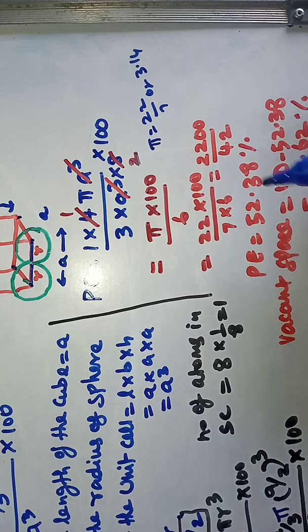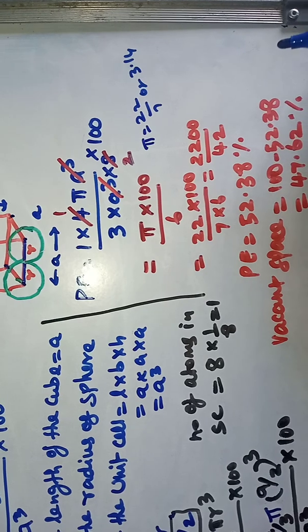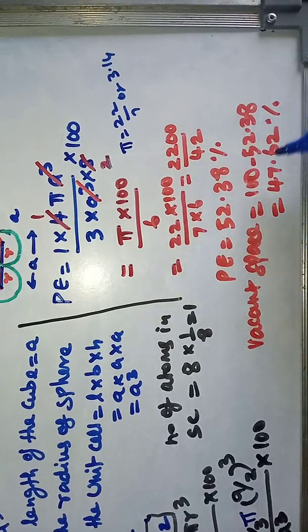This is the volume occupied by the spheres. Packing efficiency for simple cubic unit cell is 52.38%. Vacant space is equal to 100 minus 52.38, which is equal to 47.62. This is the vacant space.